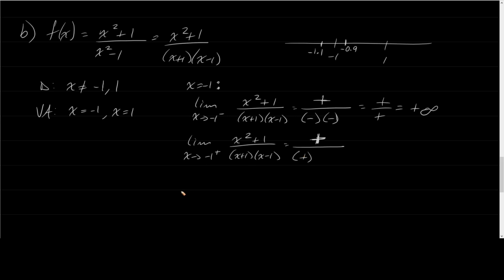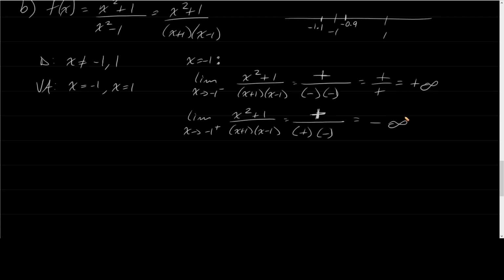Well, that's positive. -0.9 minus 1, that's negative. So overall here, I've got a positive over a positive and a negative. Overall, this goes to negative infinity. All right. In general, whenever we have these, we can just count how many negatives we have. If we have an odd number of negatives, then the answer is going to be negative. But if we have an even number of negatives, then the answer is going to be positive.